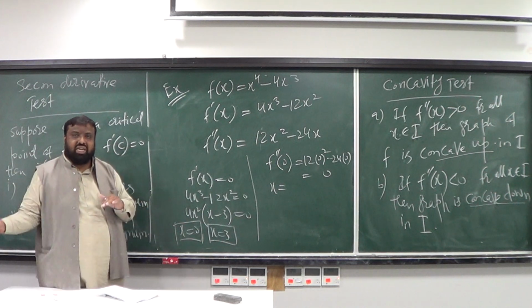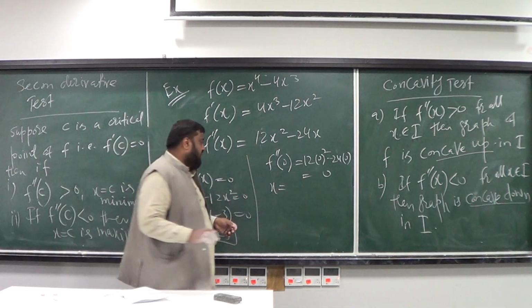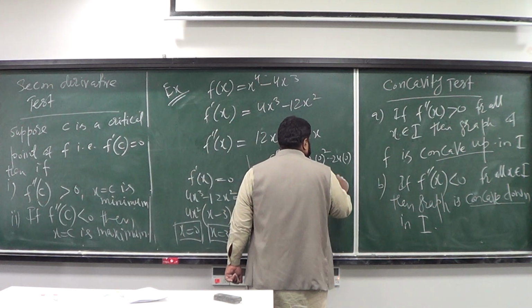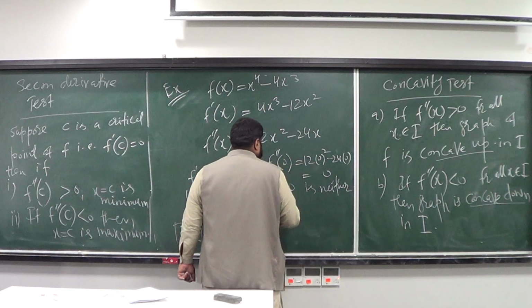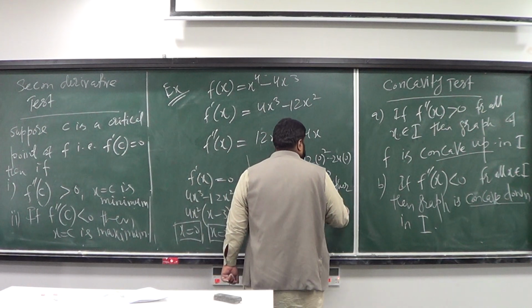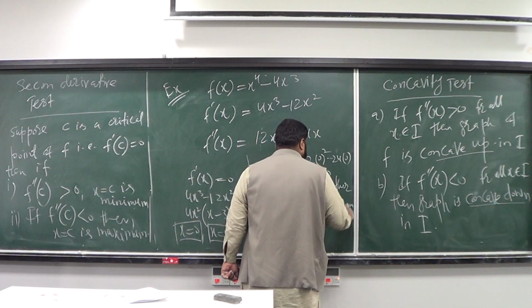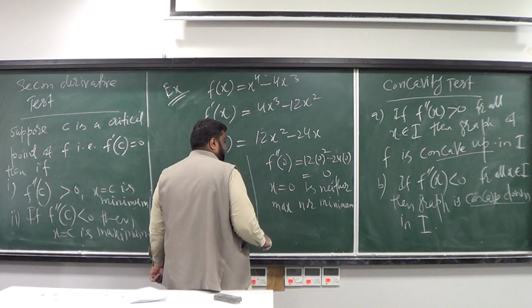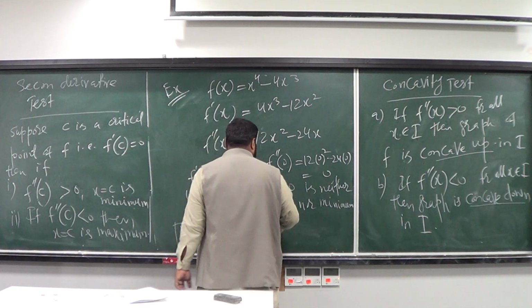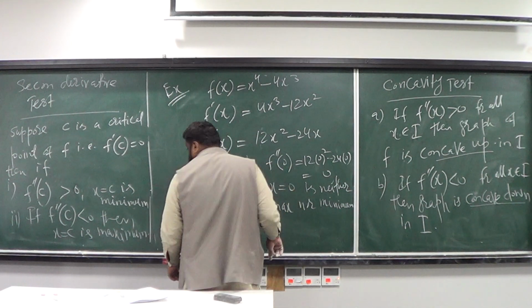So it's neither maximum nor minimum. So x equal to 0 is neither max nor minimum. You call such points a point of inflection, I told you. How about x equal to 3?